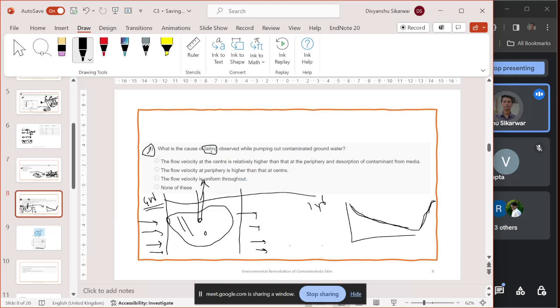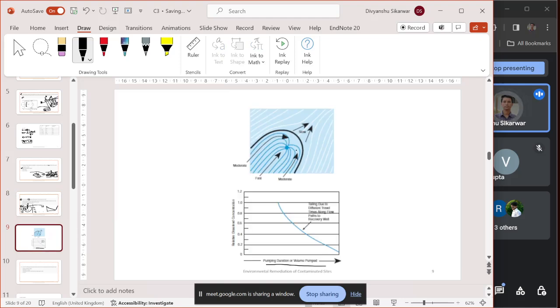So the question is asking, what is the cause of tailing observed while pumping out contaminant from groundwater? What is the reason for this? If I build a well here, we can see in this diagram.